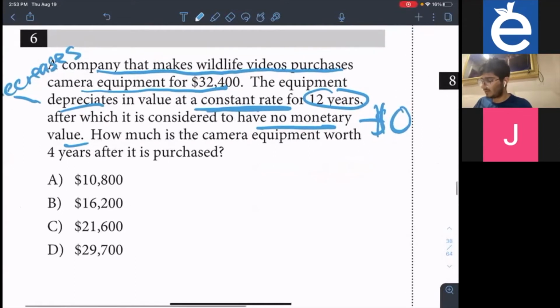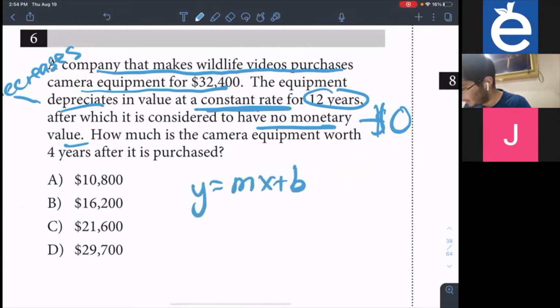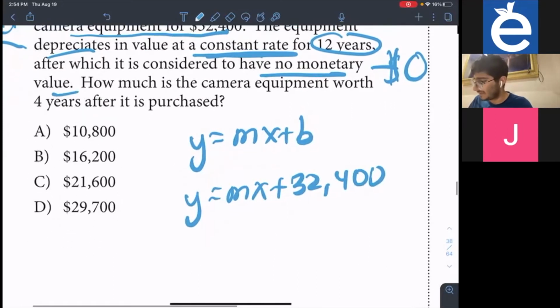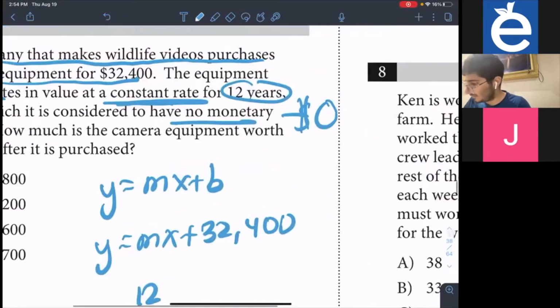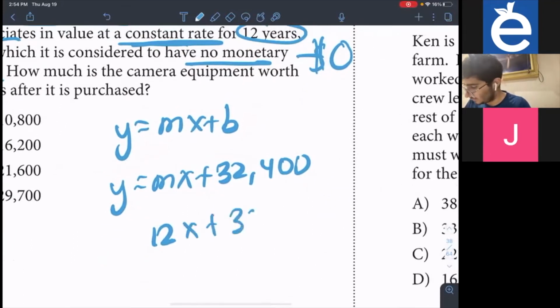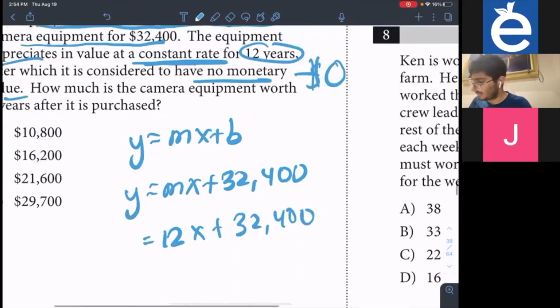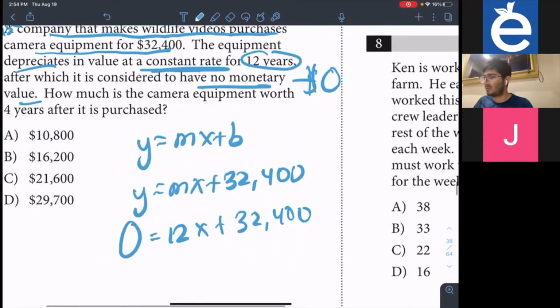Okay, so we first have to make an equation. Since it's a constant depreciation, we know it's a line, so y is equal to mx plus b. They gave us b, the initial value, so y is equal to mx plus 32,400, and after 12 years the value is 0, so 12m plus 32,400 is equal to 0 because it has no monetary value.